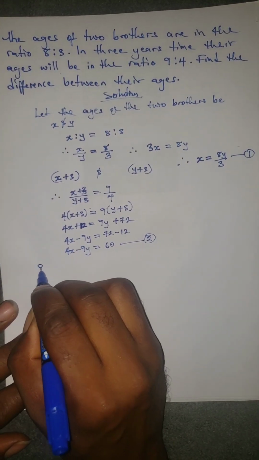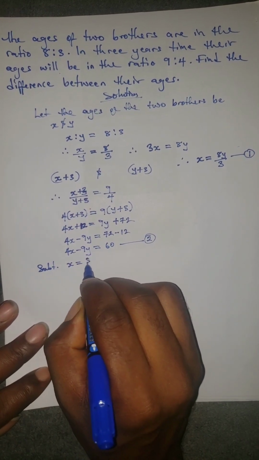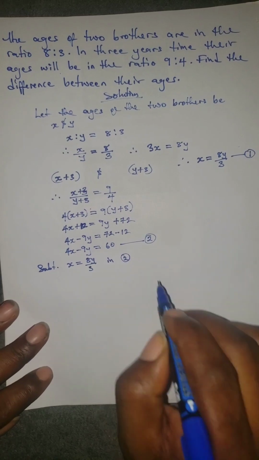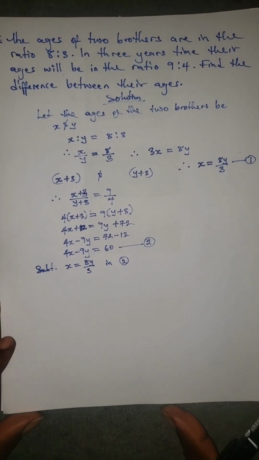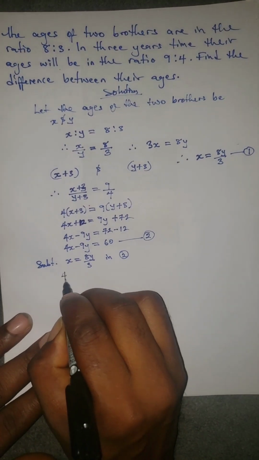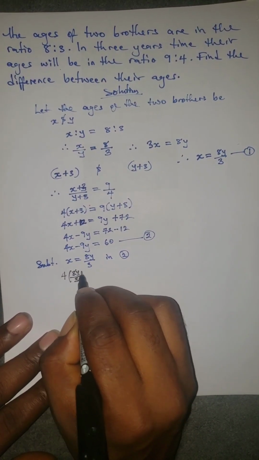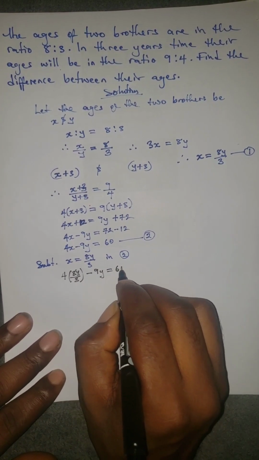So you can say substitute x equals 8y over 3 in equation 2. So that will give us 4 into 8y over 3 minus 9y equal to 15.